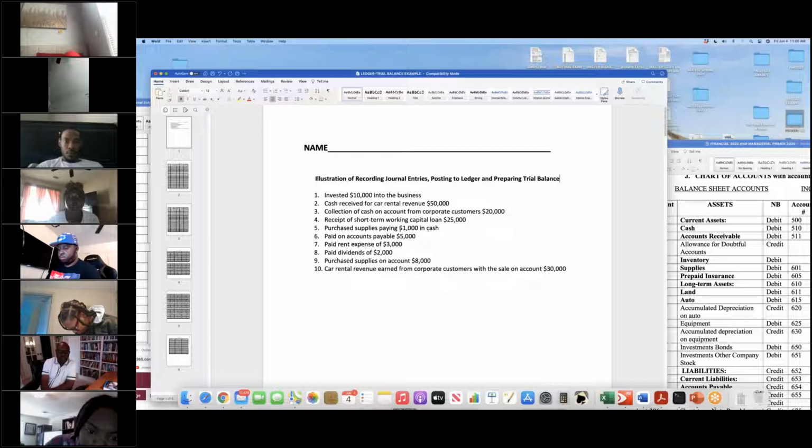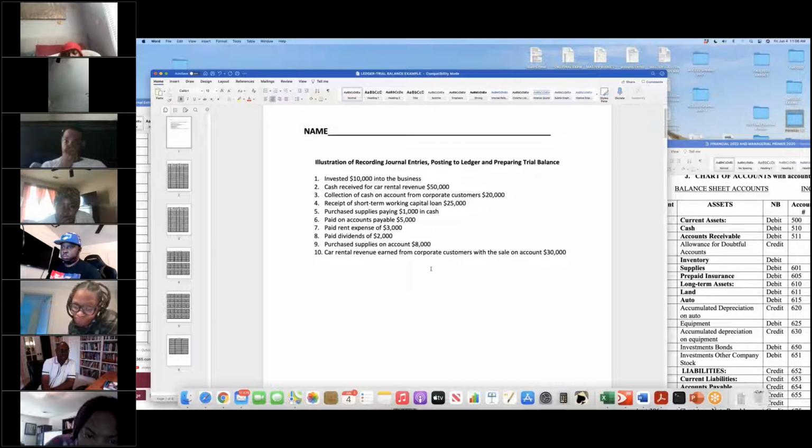So in step 3, we're going to post these transactions to the ledger and determine how much is in each account. Finally, we will add up our debits and credits, step 4, to make sure we're in balance. So let's begin this process.